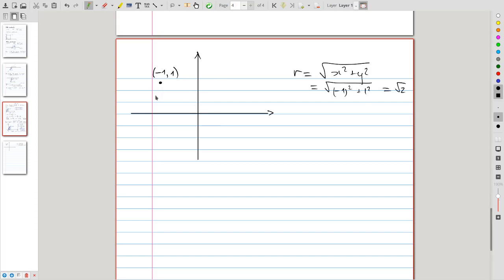So the r, the value of the polar radius, is uniquely defined by this pair of Cartesian coordinates.